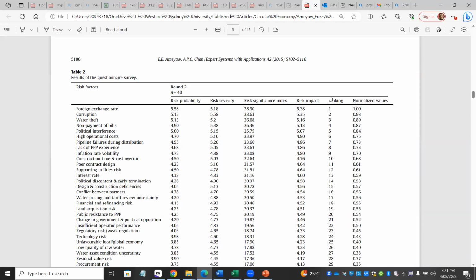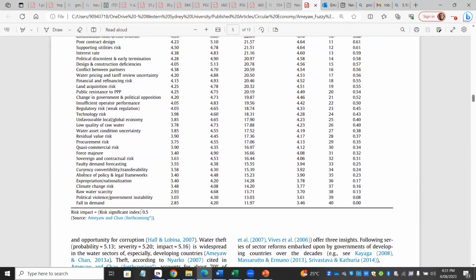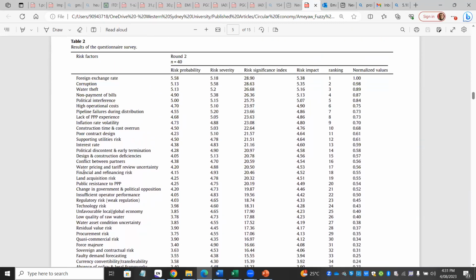But what the authors, Ameya and Chan, did was that they rearranged the whole table by bringing the risk factor with the highest risk score to the first place, and the one with the lowest to the last place. Yeah, so I believe they were not in order. They were mixed up, but they just sorted them out.